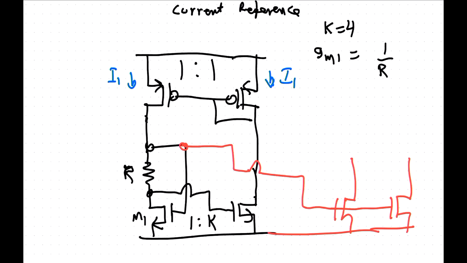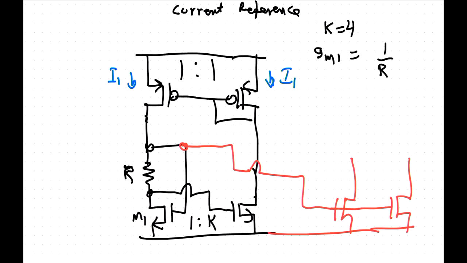Then you can get all your GMs in your circuit to track that resistor. If you do it in weak inversion, you can also do that. Then the GM becomes ln k divided by R. Try to analyze in weak inversion and strong inversion, and you'll find that.